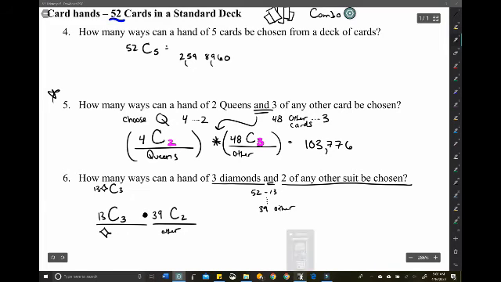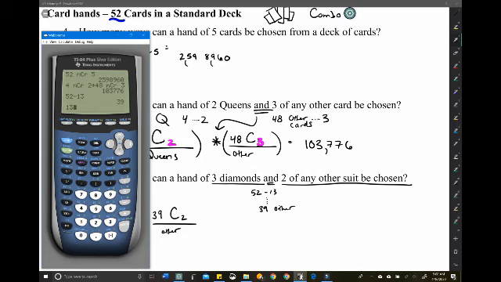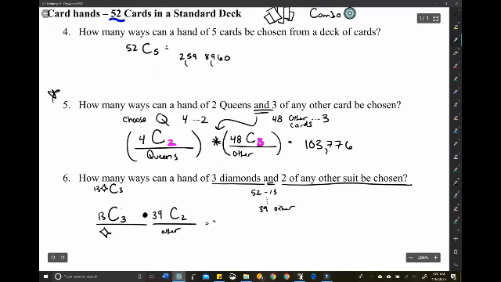So I just type both of those strings in, 13 choose 3 times 39 choose 2. 211,926. Okay, and that is it there.